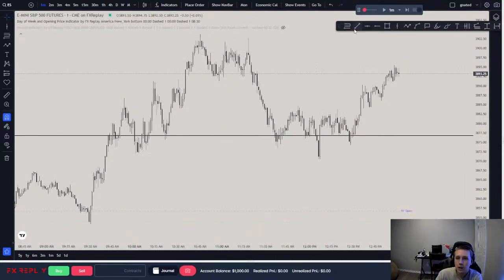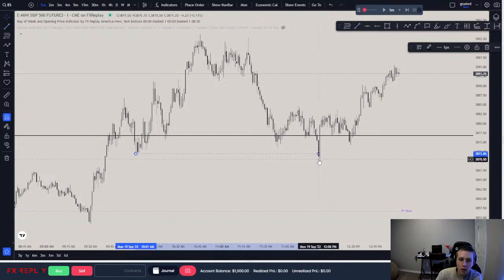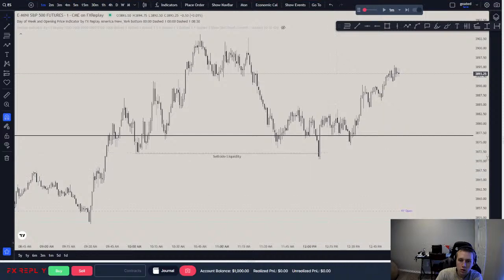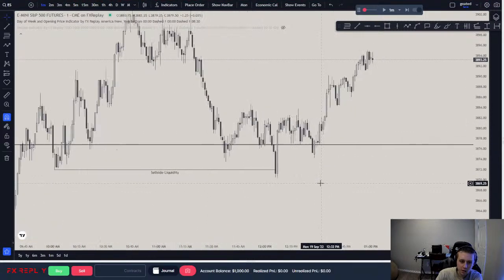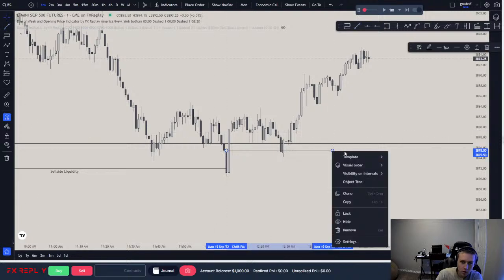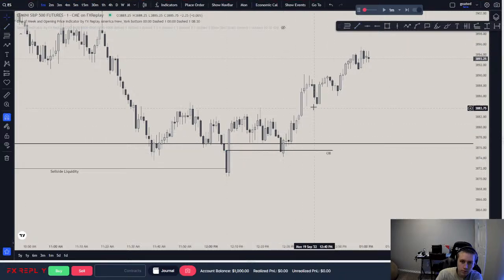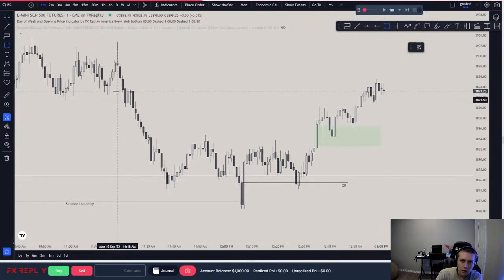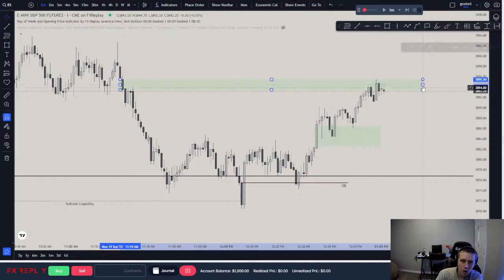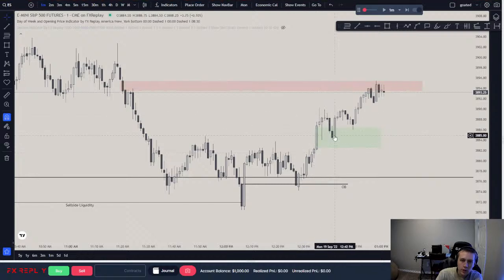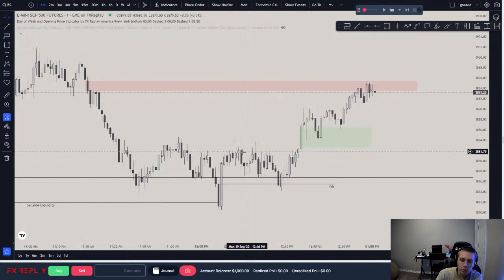Sell side taken within an imbalance within an order block. This could have been a trade. Little cheeky fair value gap after order block confirmed order flow.